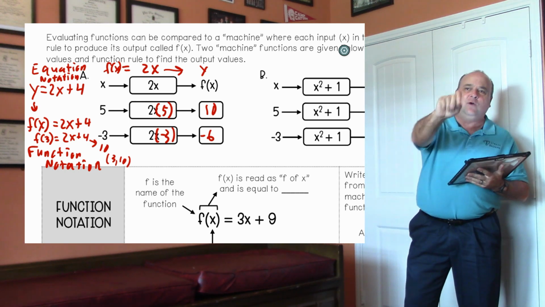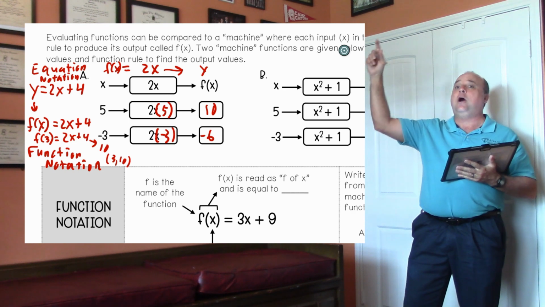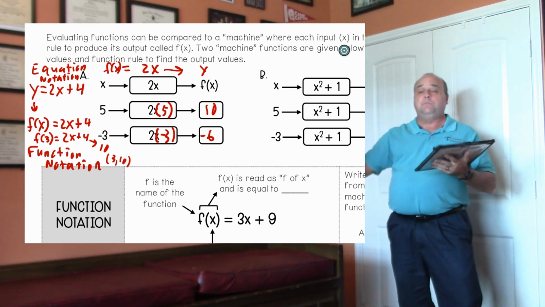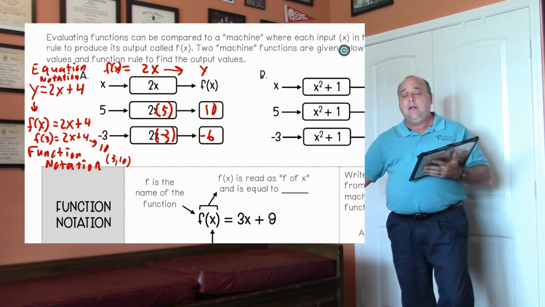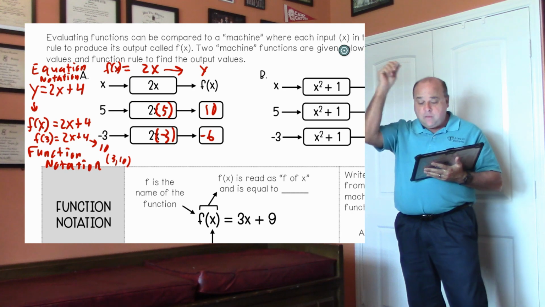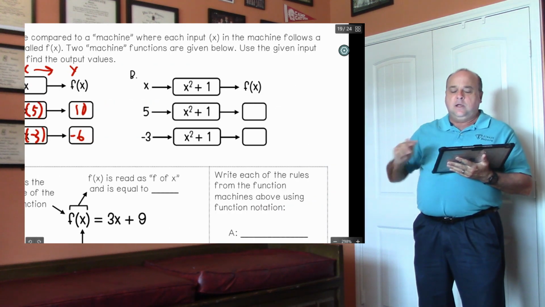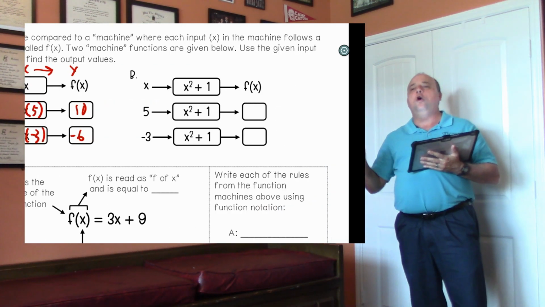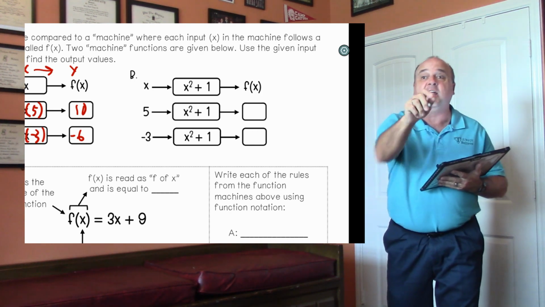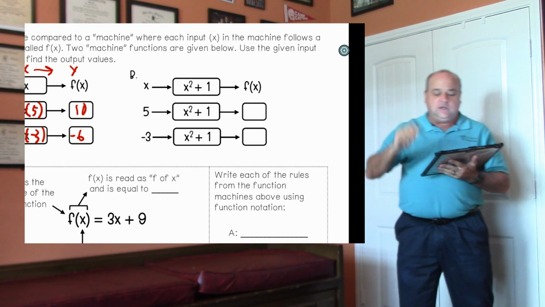And remember, every x you input will not output 2 numbers. It's only going to output 1, which means the x cannot repeat. If the x repeats, the relation is not a function. Let's go to this one. x squared plus 1. We're going to do x squared functions after Christmas, and you are going to have a blast. So let's do this one.